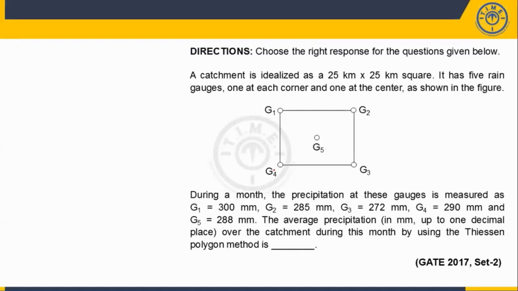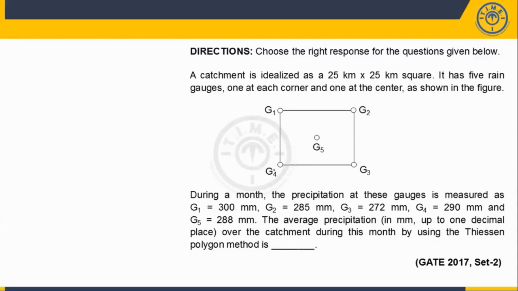Next. Let's do this. A catchment is idealized as a 25 kilometer by 25 kilometer square.